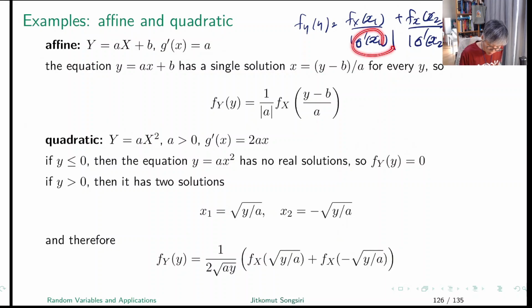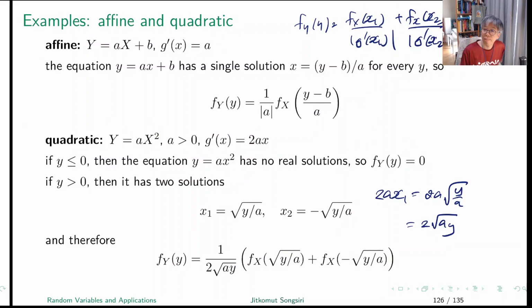So for the Jacobian, g prime of x is 2ax, but your root x1 is square root of y over a, and that gives you 2 root(a y). And you just plug it in, and this is the result. So this result is general in the sense that this is for any quadratic function that has a positive coefficient. If a is negative, I think it's not hard to derive this using the general result.